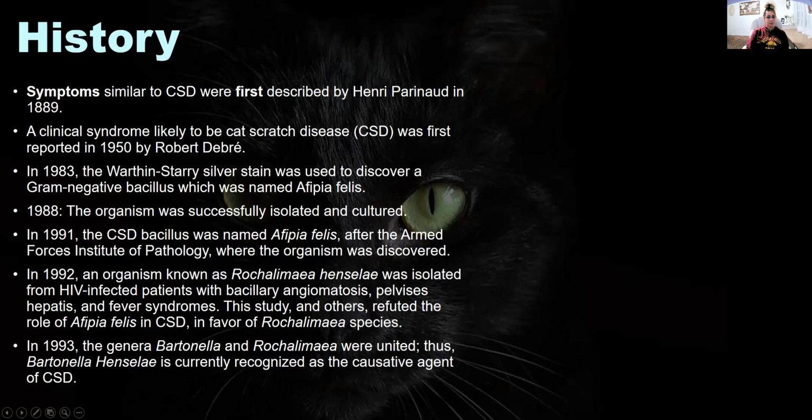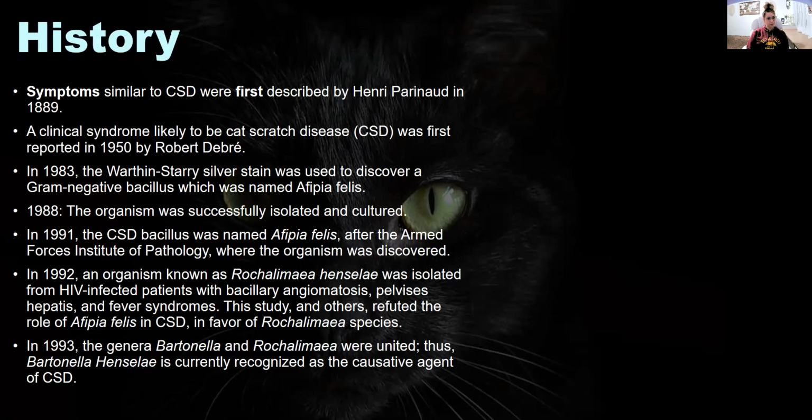In 1983, the Warthin-Starry silver stain was used to discover a gram-negative bacillus, which was named Afipia felis. Then in 1988, we see the organism was successfully isolated and cultured.